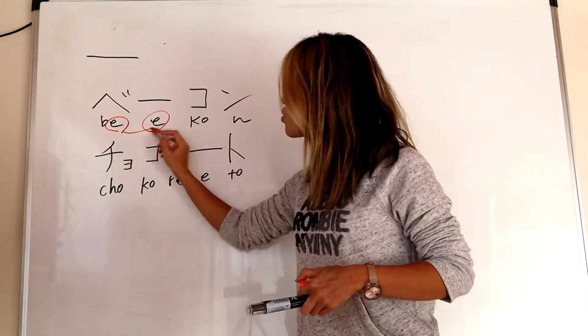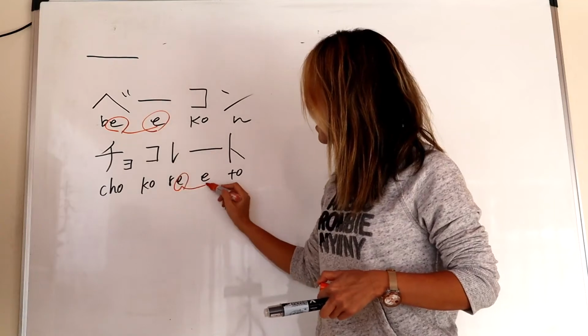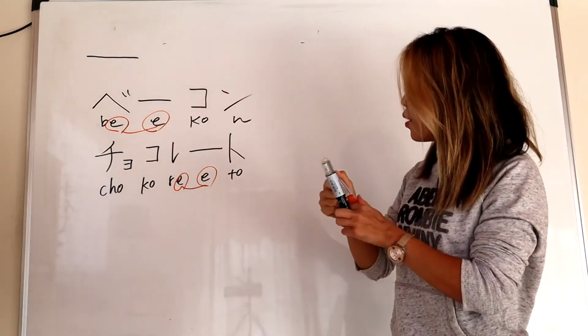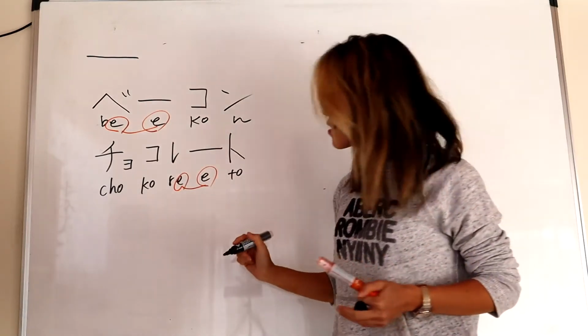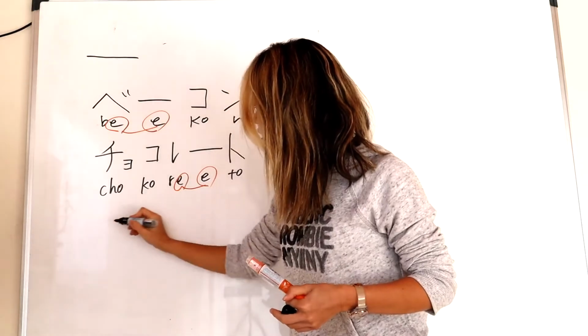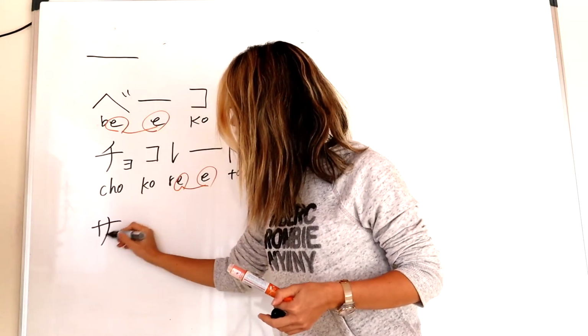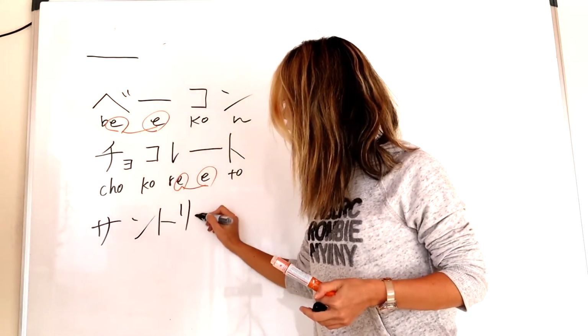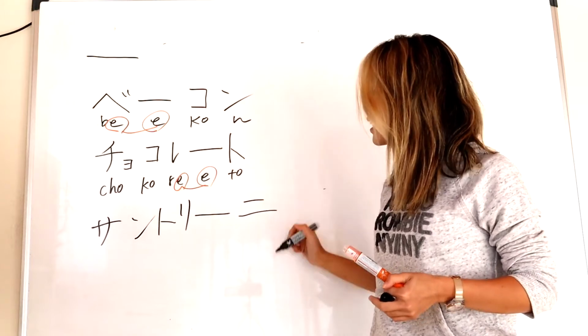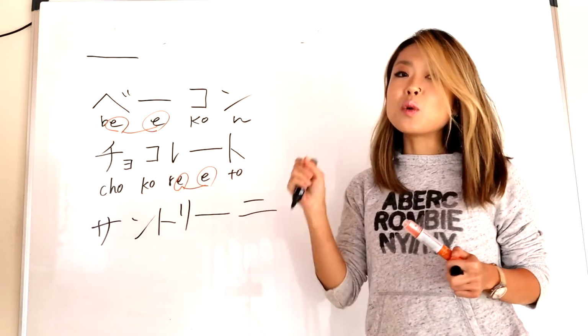Or for example, here in Greece, one of the famous islands, Santorini. This bar is only with katakana.